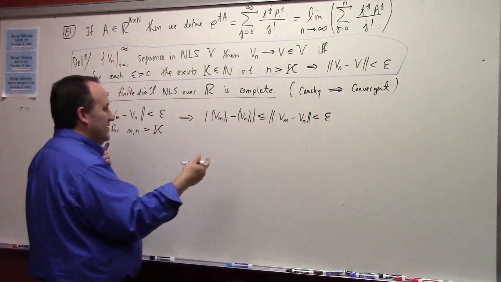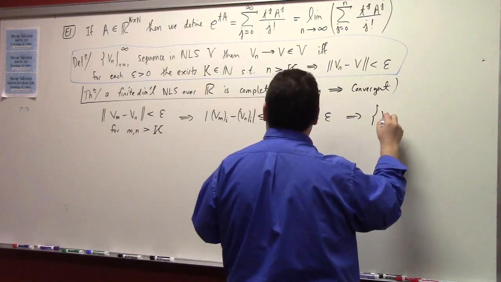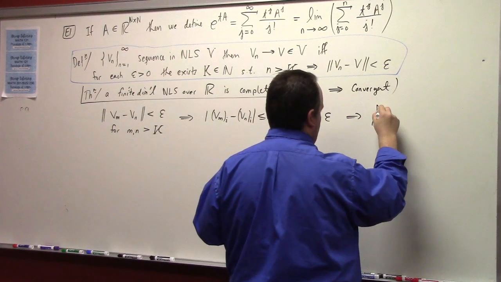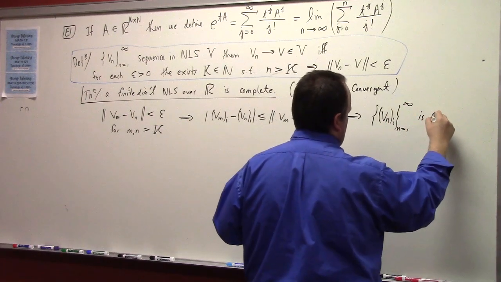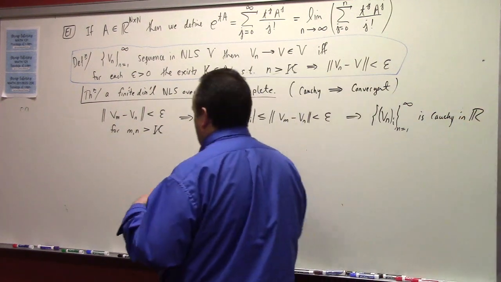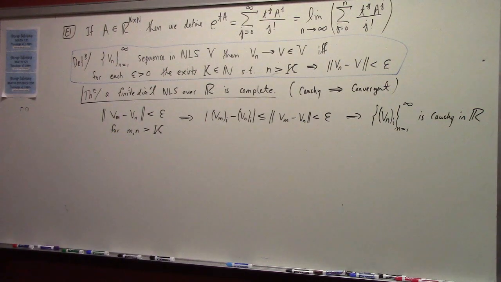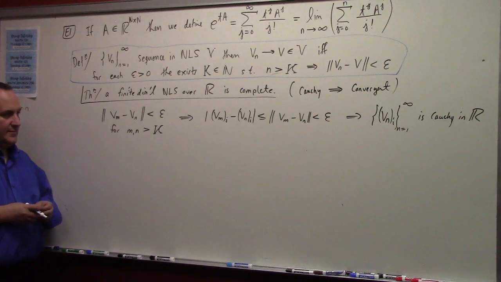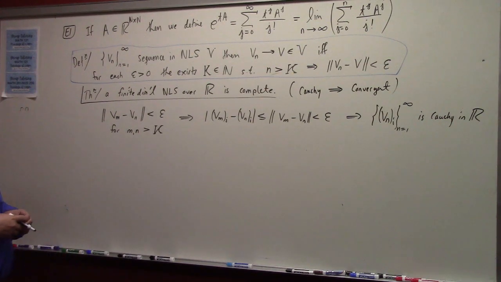So for that same k, we get that Vn sub i, n equals 1 to infinity, is Cauchy in R. Therefore, it converges because we know the real numbers are complete. Of course we prove that in real analysis in gory detail. I've never seen what's actually done in there, so I can claim whatever I want, but I probably wouldn't prove it either.